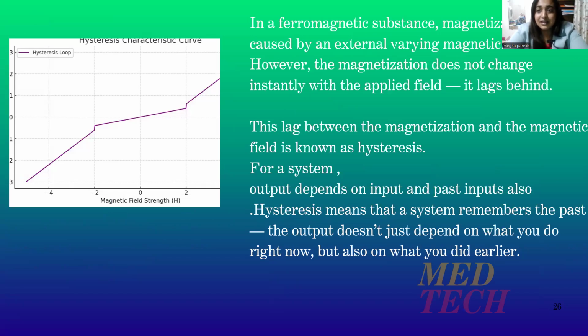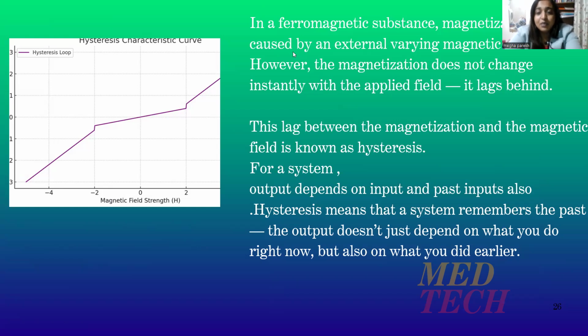Before understanding hysteresis, we will understand what is a ferromagnetic substance. Ferromagnetic substances are substances which, when we put them in a magnetic field, get energized and get magnetization. In a ferromagnetic substance, magnetization is caused by an external varying magnetic field. However, the magnetization does not change instantly with the applied field, but it lags behind.